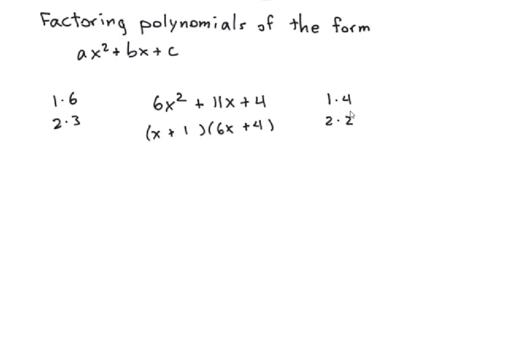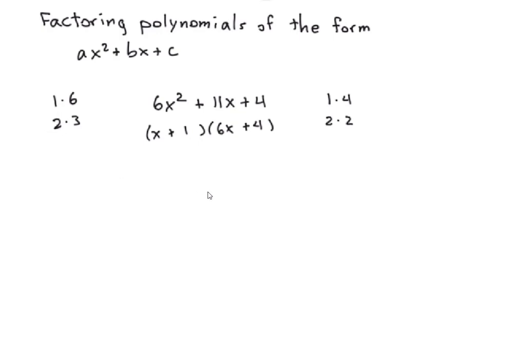And the fact that this is a 2 here means it can't possibly be plus 2 and plus 2, because no matter how I put it, one of these 2's is going to get paired up with this 6. Or if I had used 2 and 3, we still couldn't do the 2 and the 2, because one of those 2's is going to get paired up with this 2.